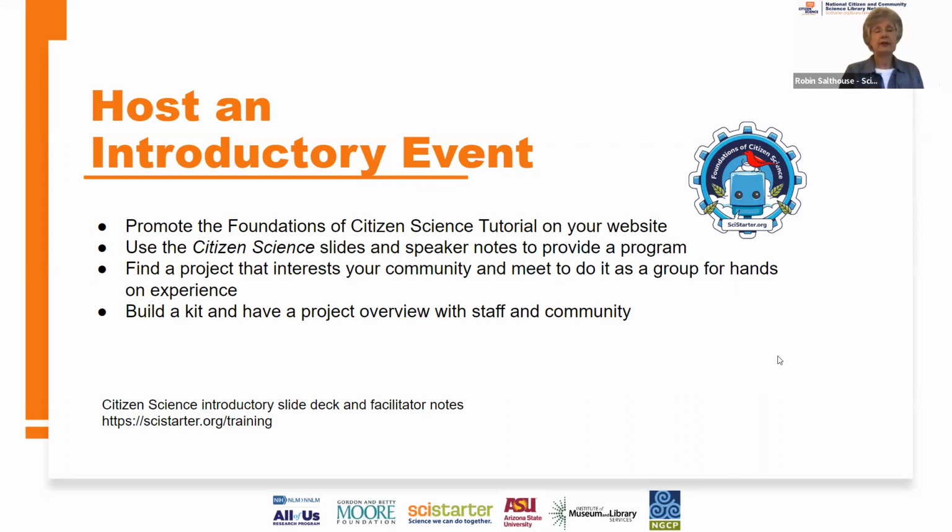Then if you're ready to go to that next step and offer kits for checkout and circulation, build a kit. I'm going to talk about those kits in a moment, and circulate them to your library users.